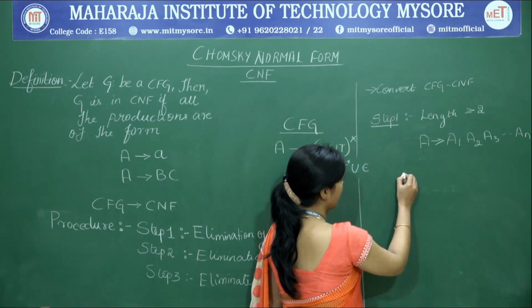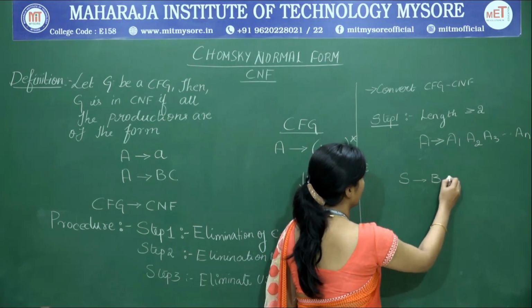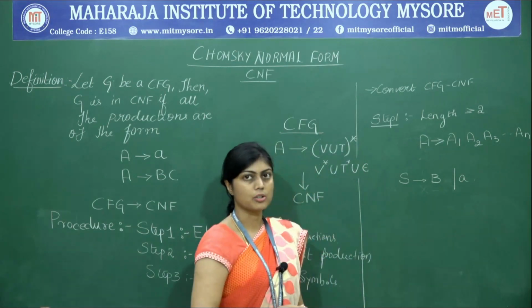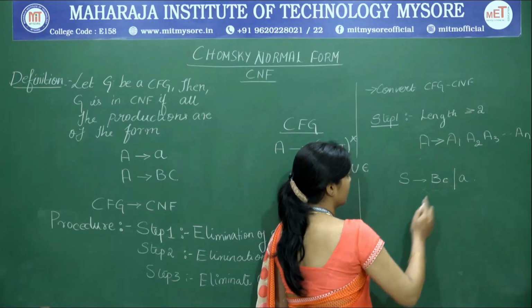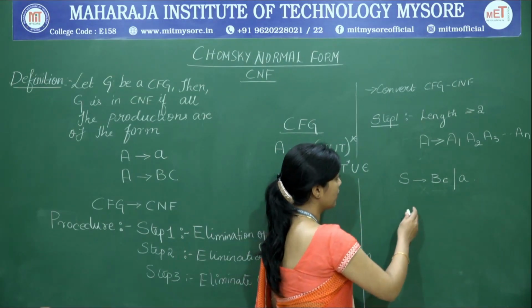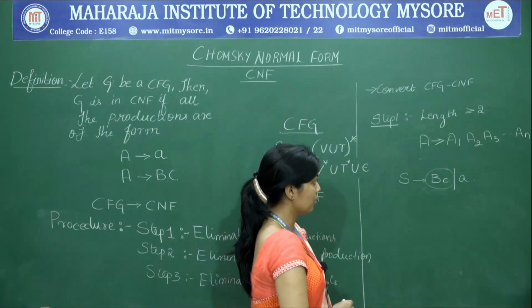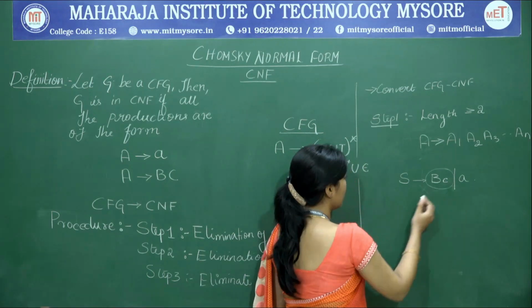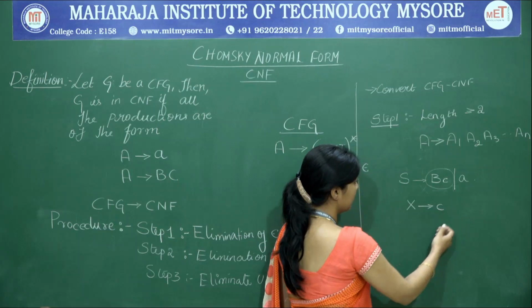If we have a production of the form S goes to B small c and small a, then we are going to identify the production which is of length greater than or equal to 2. In this we see that there is a terminal symbol here. Therefore, we say X goes to small c.